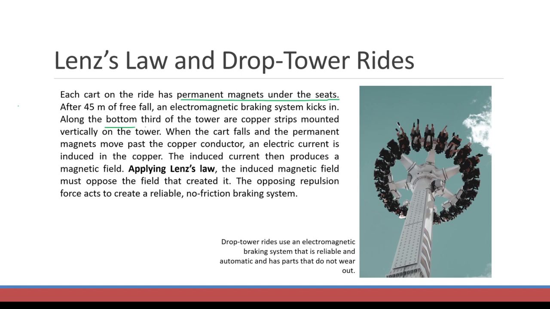Along the bottom third of the tower are copper strips mounted vertically, and when the cart falls and the permanent magnets move past the copper conductor, an electric current is induced in the copper. The induced current then produces a magnetic field. Applying Lenz's law, the induced magnetic field must oppose the field that created it. The opposing repulsion force acts to create a reliable no-friction braking system.